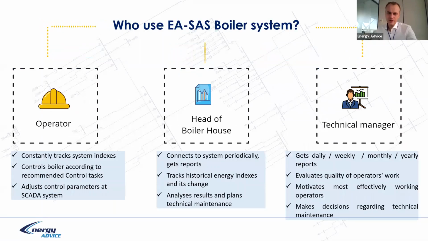And who is a user of the system? The operator, in fact, is the direct user of the system, because the EA-SAS boiler is an assistant to the operator, and the operator constantly tracks system indexes and controls the boiler according to the recommended control task, adjusting control parameters at the SCADA system.